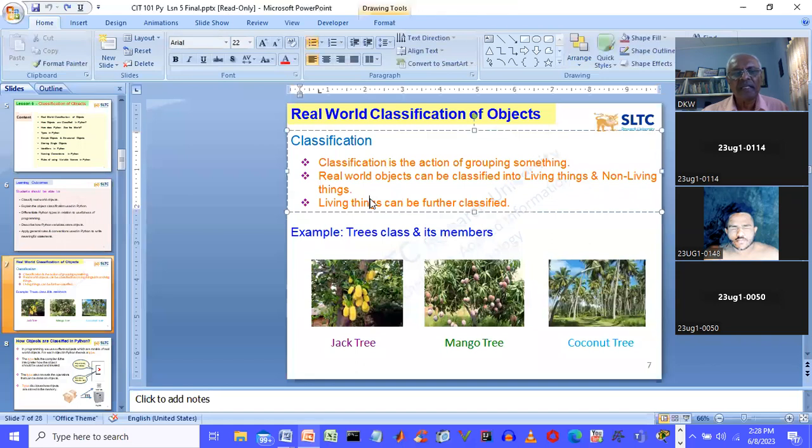So we know that real world things can be further classified. They consist of physical things which are tangible. Tangible means you can touch them. Others are intangible. You can't touch them, but we use them. As I told you, take a transaction that you go to the bank and do. You withdraw some money.